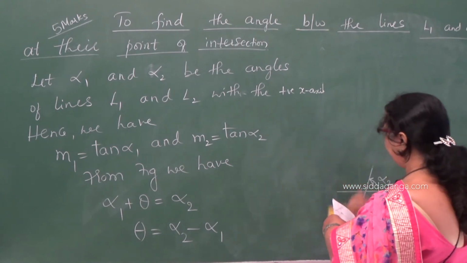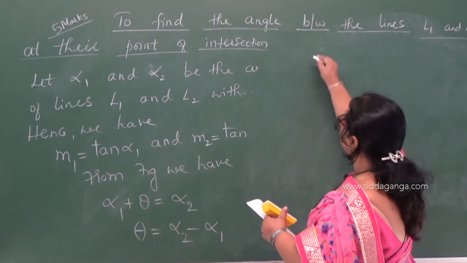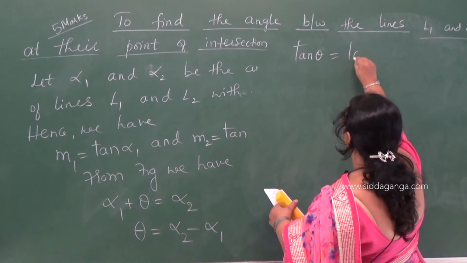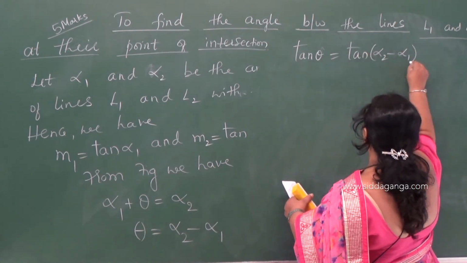Now you apply the tan ratio both sides. So then it becomes tan theta equal to tan of alpha 2 minus alpha 1.